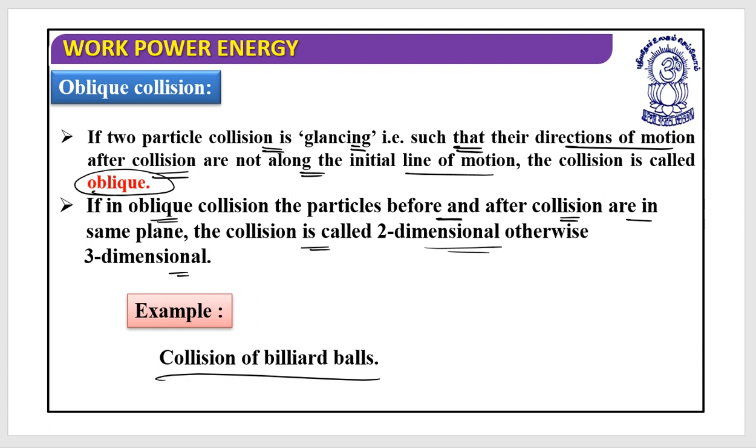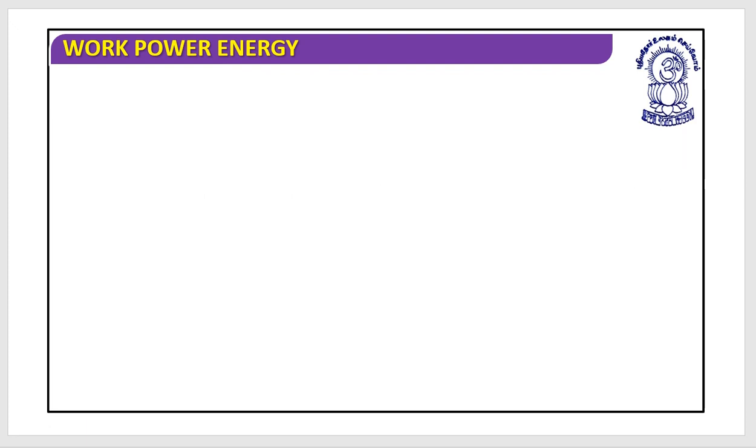Once we know this about the collision and these types of collision, one more thing to clarify is that the collision has been divided into two parts initially. One was the elastic collision.